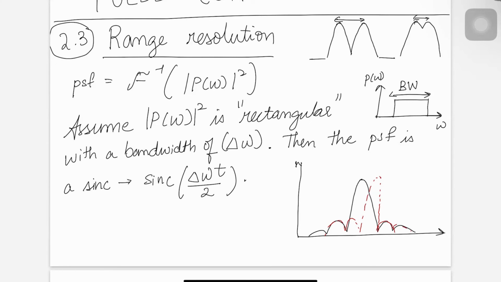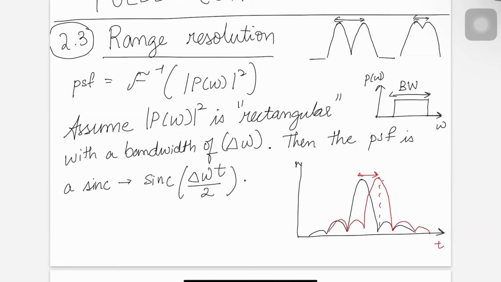That doesn't look very nice, but let me try that again. So maybe this is better. Now these two targets are resolved.